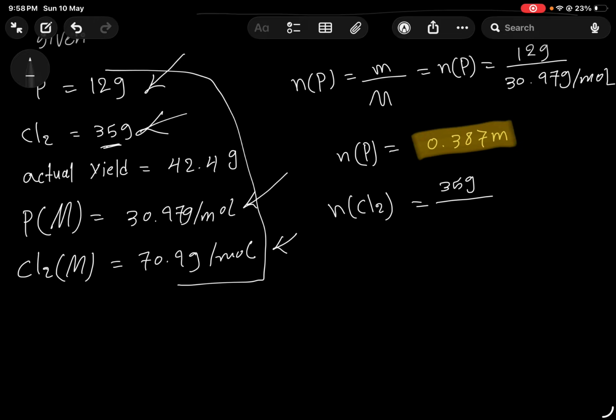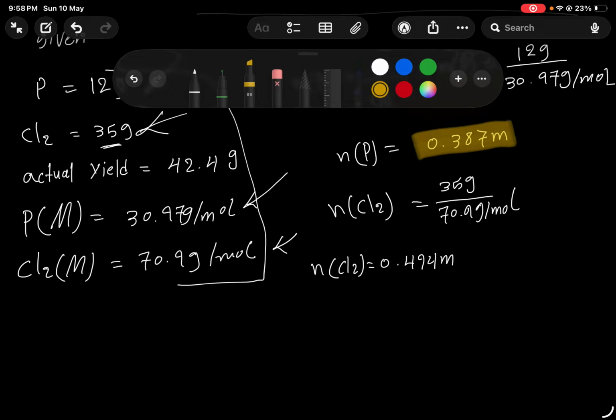I don't know the actual name of the compound, so we're just going to use it as 70.9 grams per mole. If we use a calculator we're going to get 0.494 mole. So the mole of Cl2 is equal to this much. Now we're going to highlight this so we don't forget.